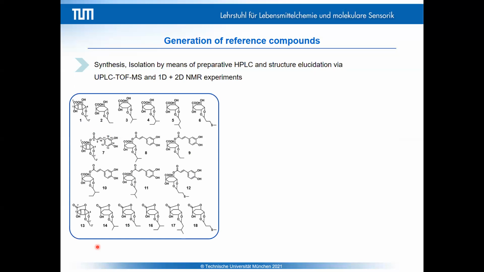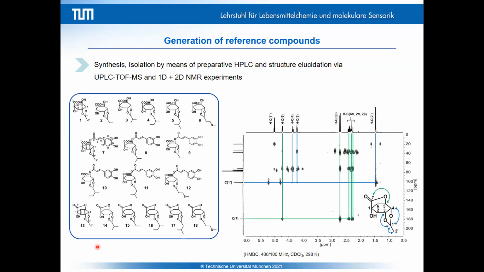To verify the structures, we performed high-resolution mass spectrometry and NMR experiments. As a very quick example, the structure elucidation of compound 13 by means of NMR looks like this. This is an excerpt of an HMBC spectrum, where the J2 and J3 couplings are shown.